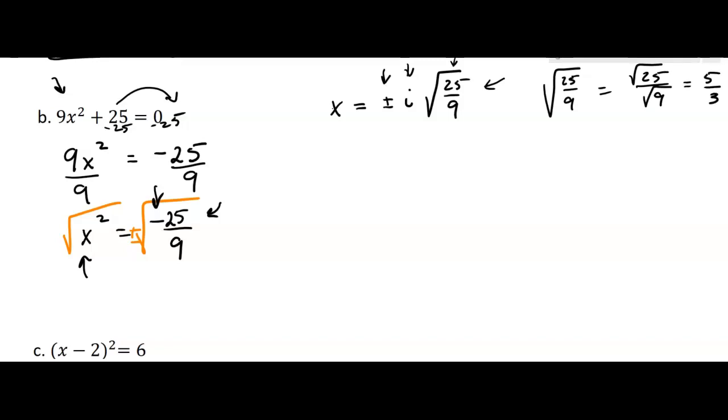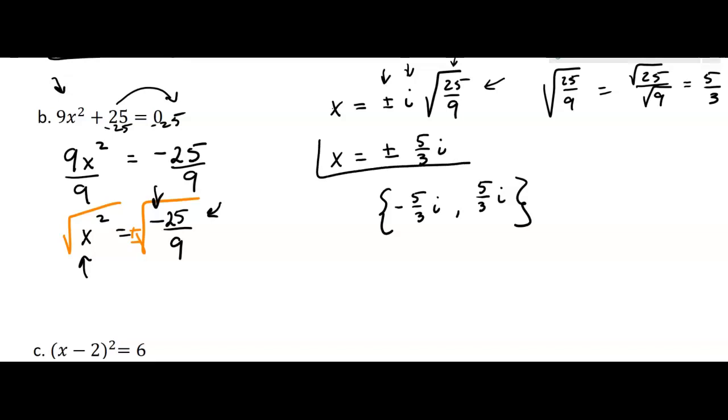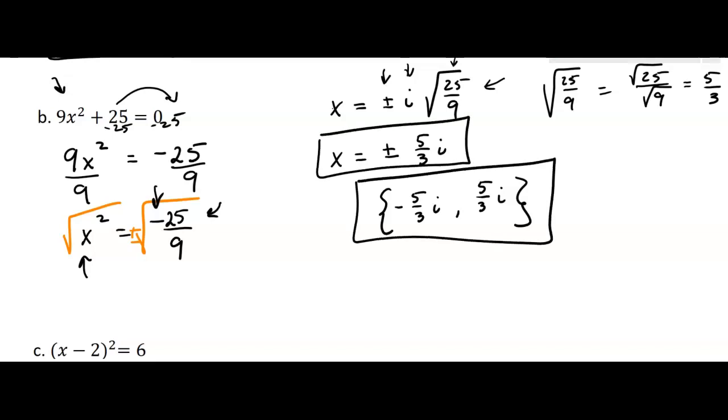So what does my final answer look like? x equals plus or minus 5/3 i. If I want to write them separately, it's going to be negative 5/3 i and positive 5/3 i. Is there a reason I always put the negative one in front? That's what they usually do, but I'm not super picky on that either.